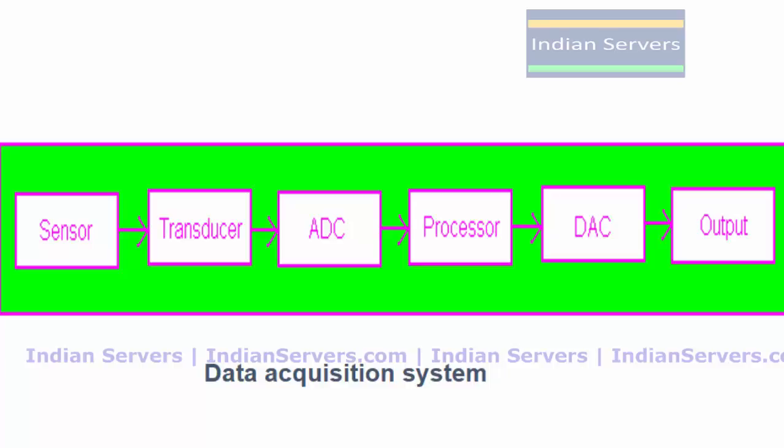After getting the temperature, it gives it to the ADC, analog to digital converter, where the analog data of the temperature sensor is converted into digital. This digital data can be easily understood by the processor or controller. After processing the data, it is again converted by a DAC, digital to analog converter, and finally sent to an output device, which may be a motor, a fan, or an LCD display.